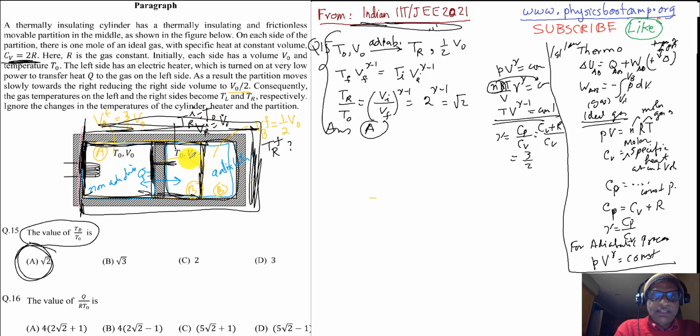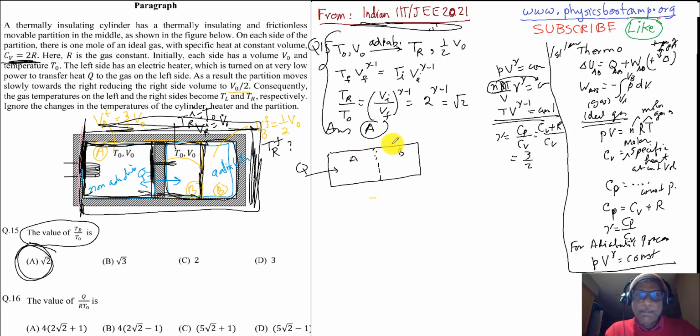So let's look at that. This whole thing is a system. It's going to give me Q, and it's made up of two parts, part A and part B. At t equals 0, you have T0, V0 and T0, V0 here.